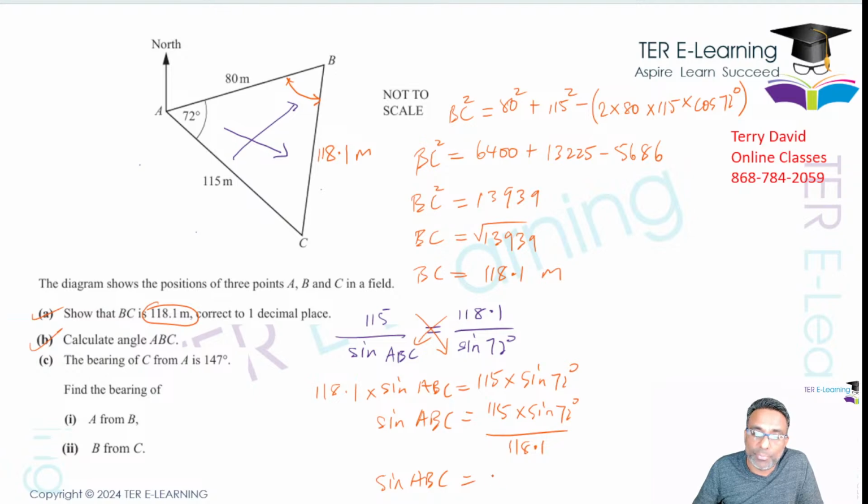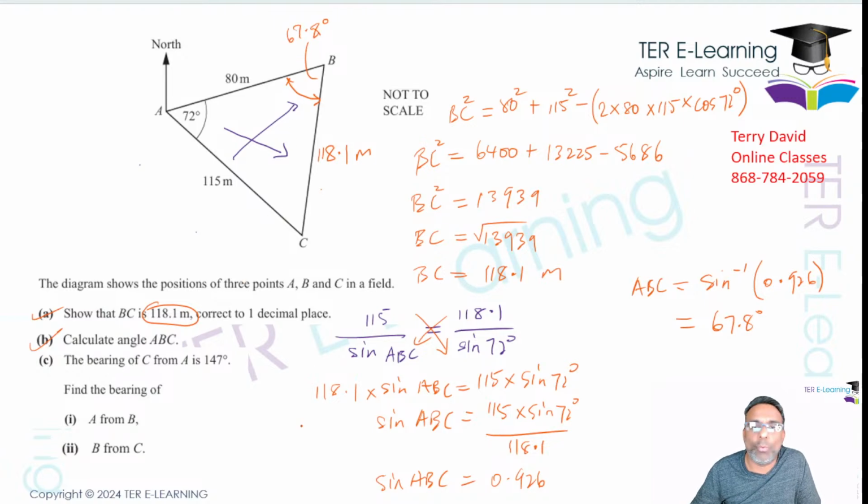I'm getting 0.926. So to get the angle ABC, that's arc sine of 0.926, and that's going to be 67.8. So this angle here, ABC, is 67.8 degrees.